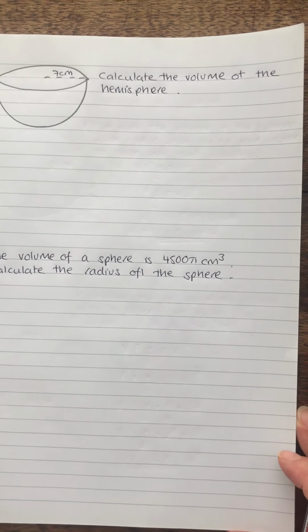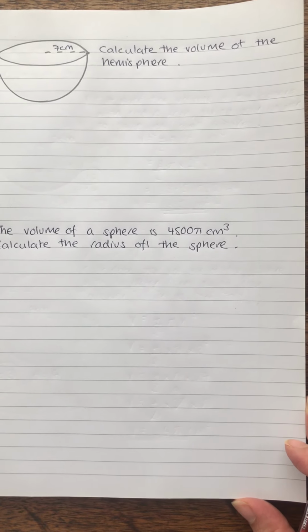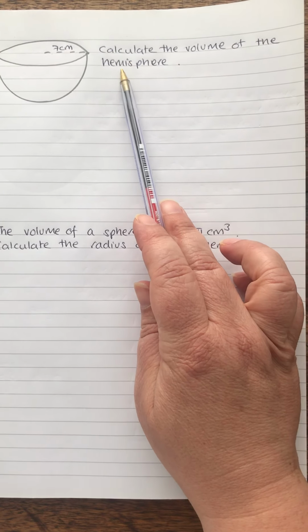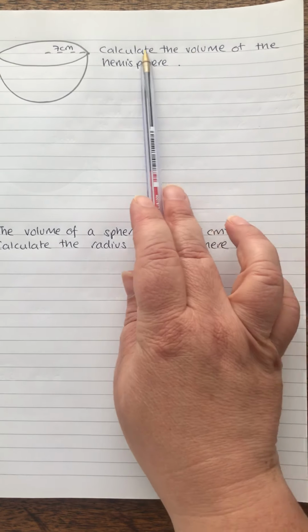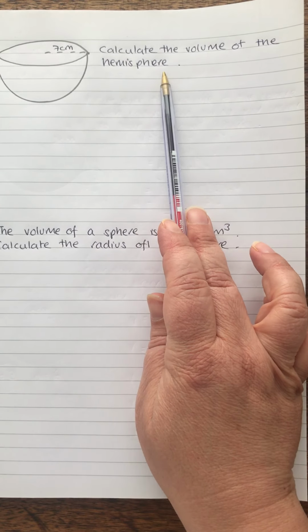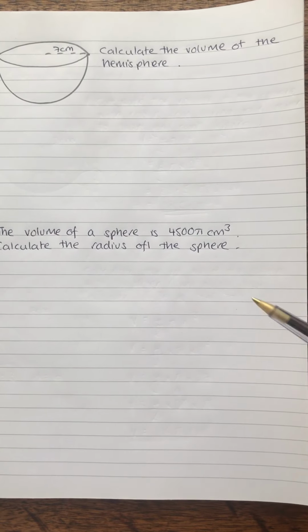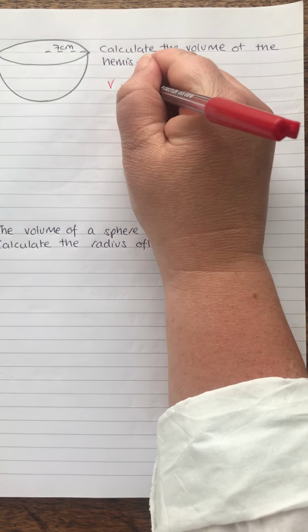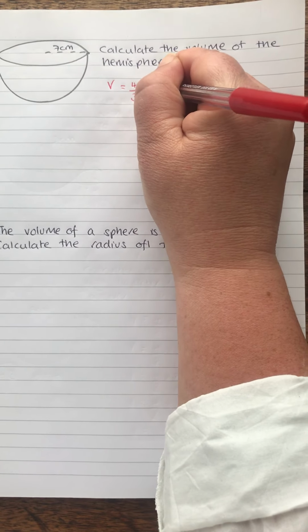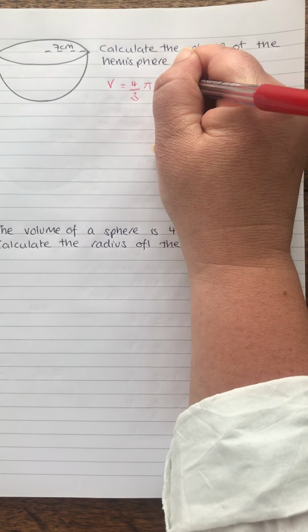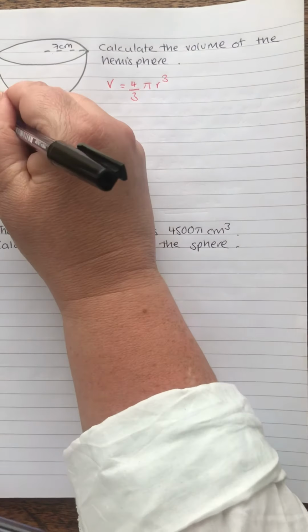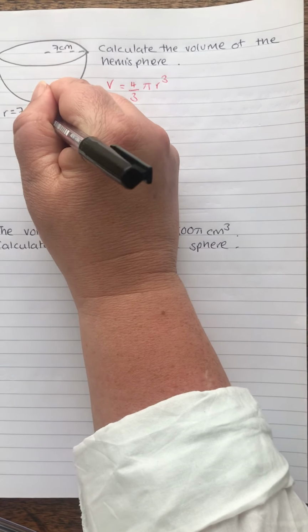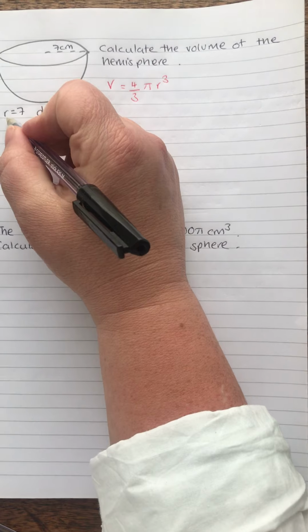Let's look at 2 more examples. Just to make sure that you're familiar with the language, a hemisphere is half of a sphere. So we'll start off with our formula, 4/3 pi r cubed. I'm going to write down what I've got, which is the radius.